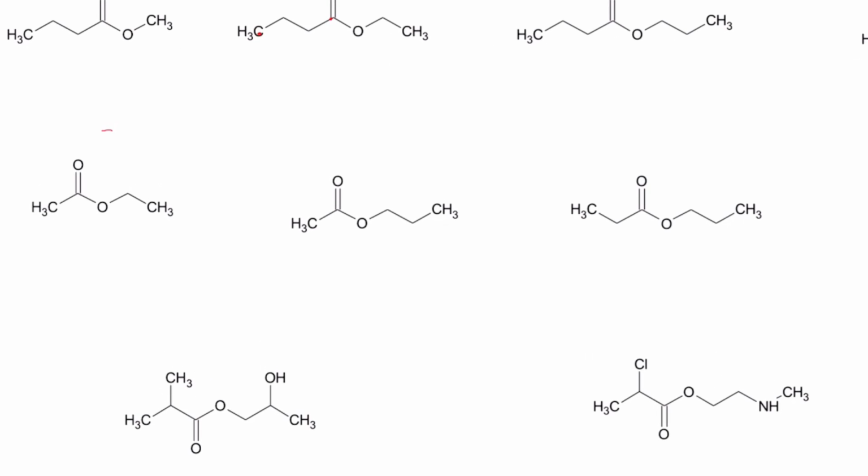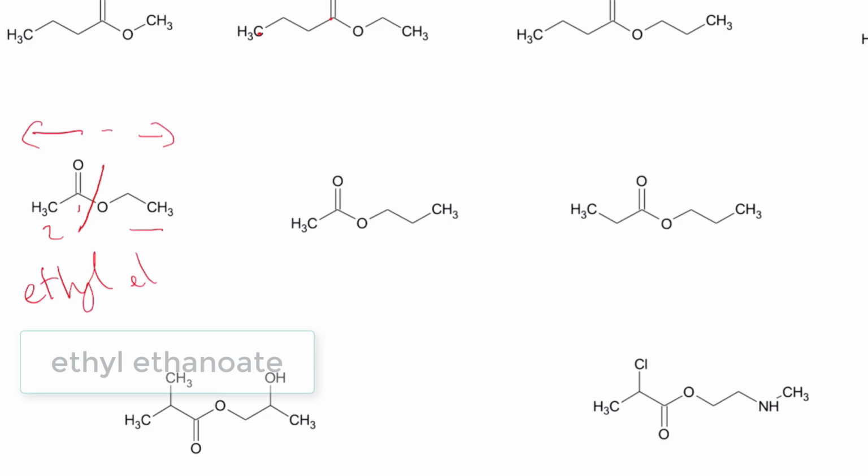So continuing on, we now have an example. Again, this is the acid side here. This is the alcohol side. The 2 carbon chain here is an ethane. So we have an ethanoate, and this is an ethyl. So I'll write down ethyl ethanoate. There's an A in there. Ethyl ethanoate.